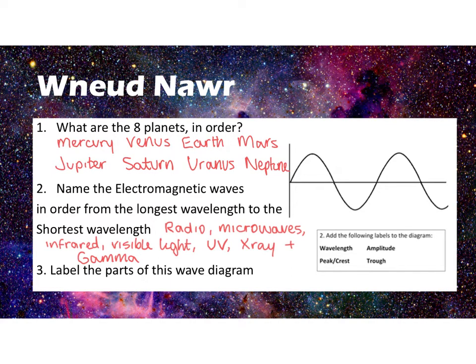And then number 3, label the parts of this wave diagram. So you've got a little box with the words you have to put on the diagram. So let's put those on. So this point here is the peak. This point here, the lowest point, is the trough.